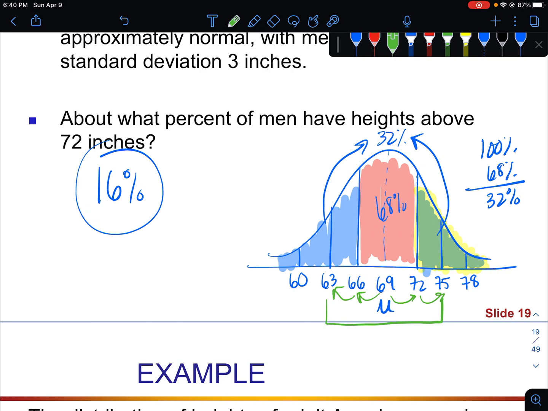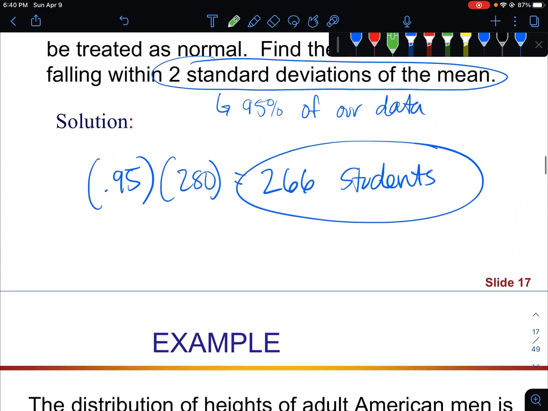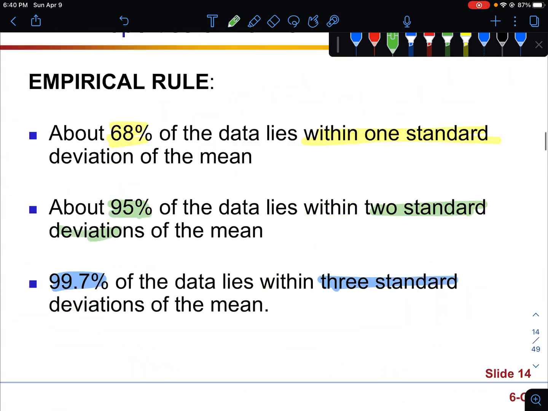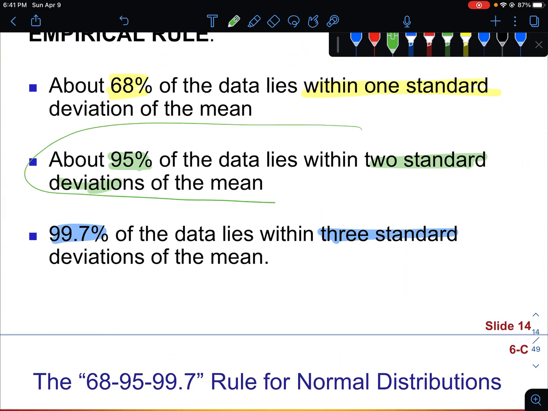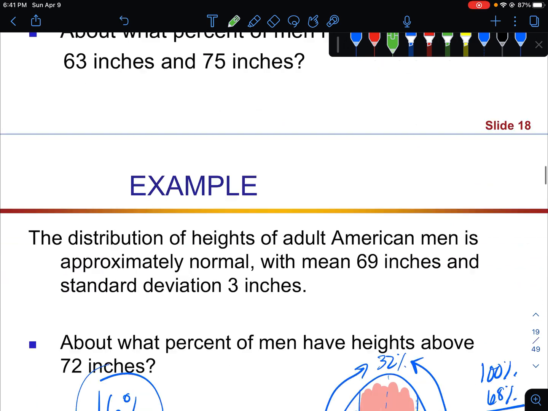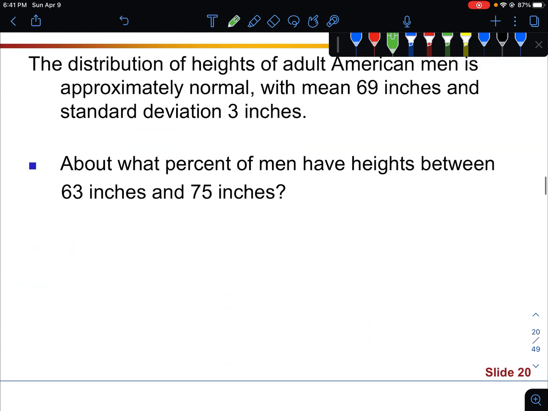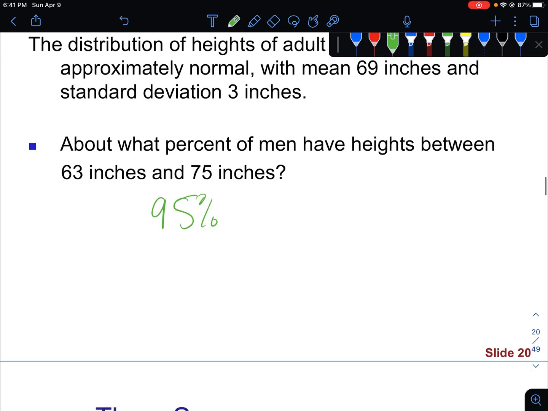So we know that if it's 2 standard deviations away, and again, we talked about that here, 95% are within 2 standard deviations, meaning to the right and to the left. So we didn't have to do much work on this one. This would just be 95%. So 95% of men have a height between 63 and 75 inches.